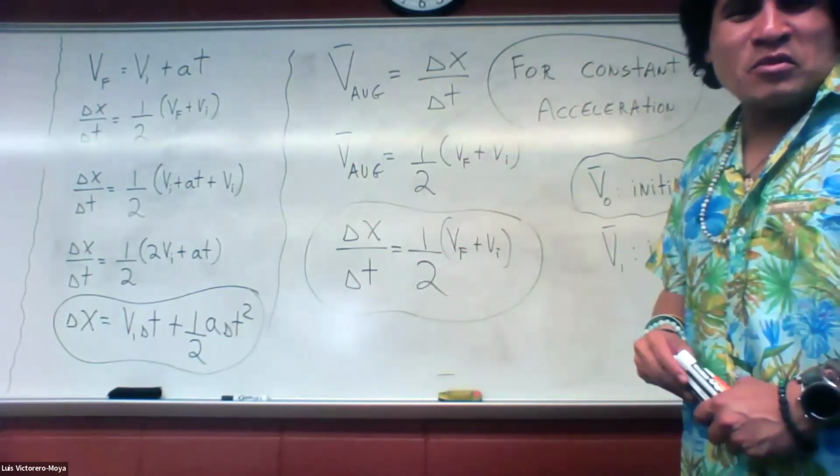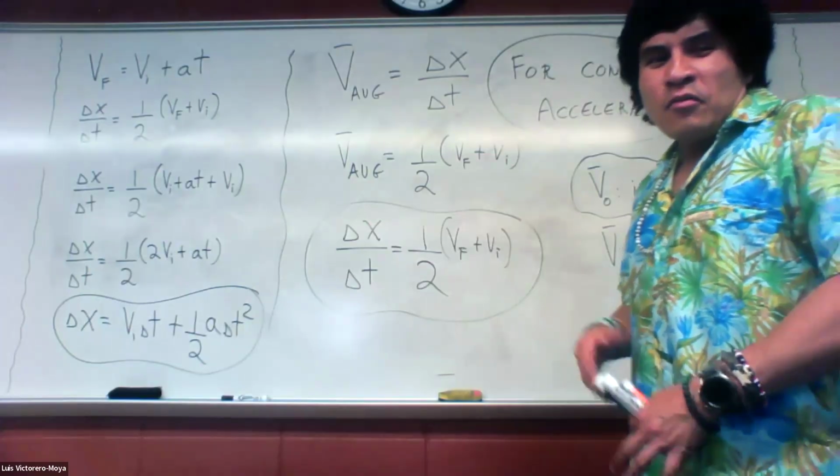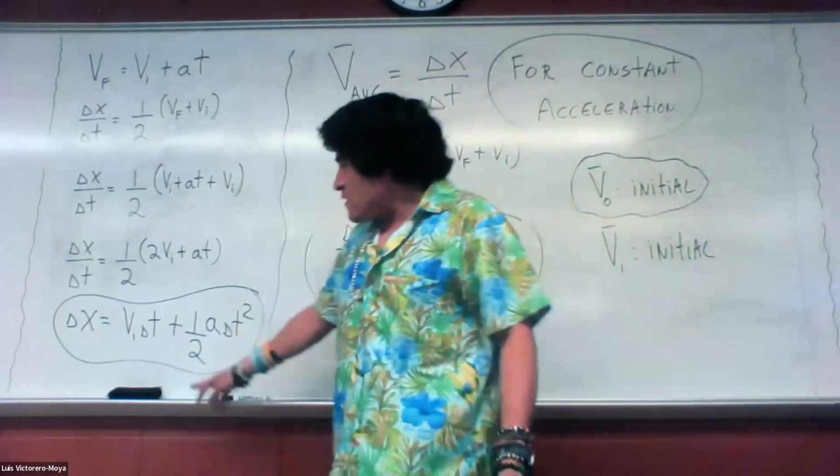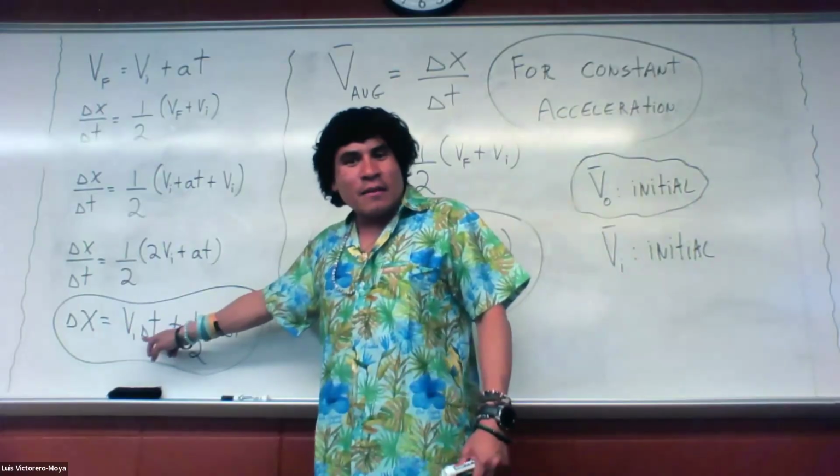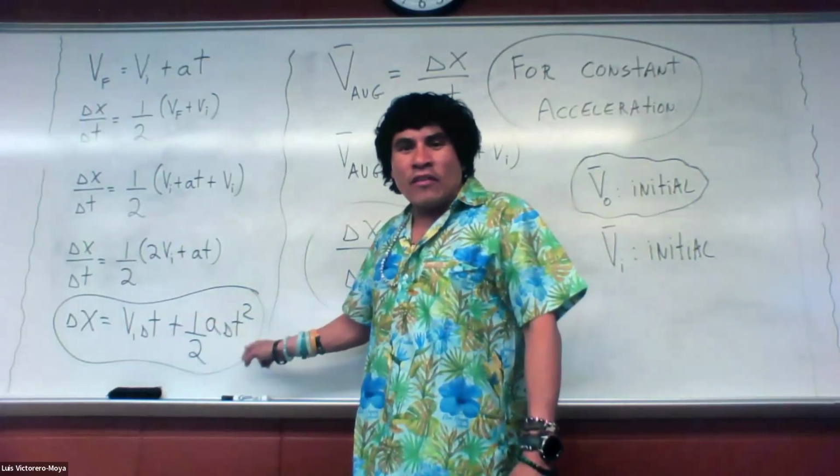And eventually we're going to say that's the equation for distance. For distance, we use the same. Distance is speed times time, or initial speed times time plus one half a t squared.